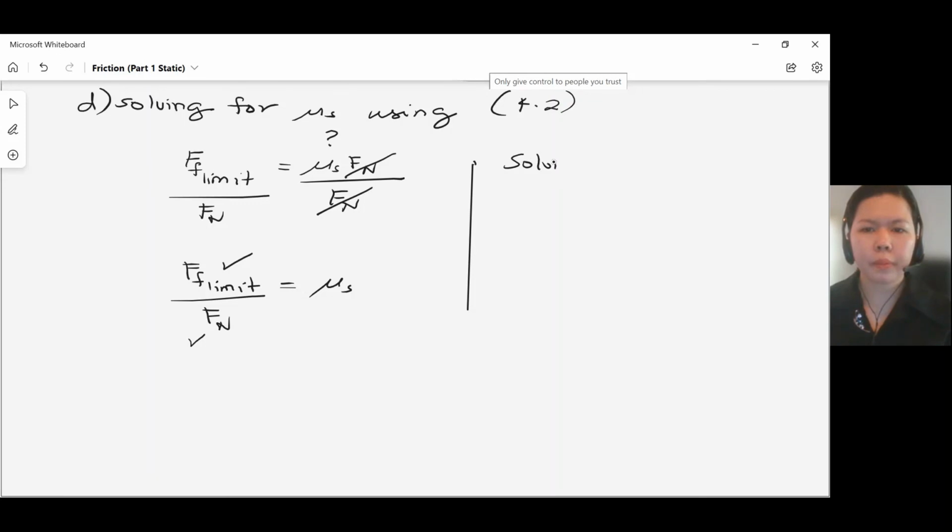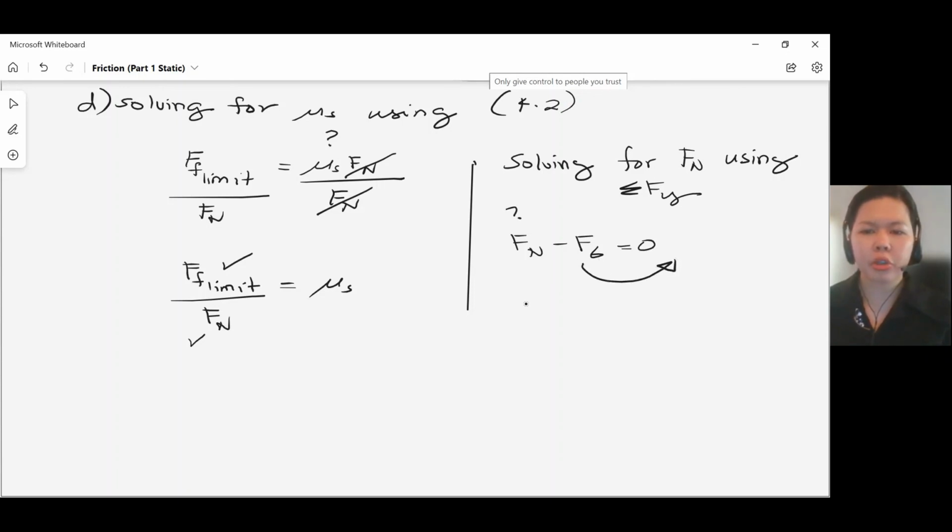Solving for Fn using summation of Fy, we have Fn minus Fg equals 0. So we want Fn, we transpose the minus Fg to the right.